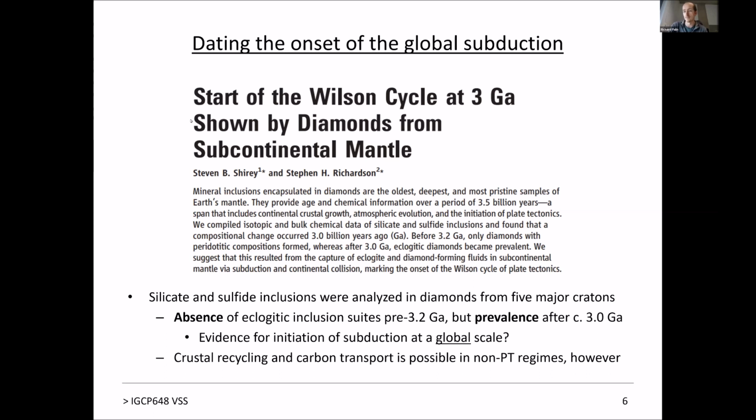So in their paper they argued that 3 Ga was a significant time period, a tipping point in geodynamics, and they attributed this change in inclusion suites to the onset of the Wilson cycle. So subduction could be one way to transport carbon into the mantle to form these diamonds and the eclogite inclusions within.